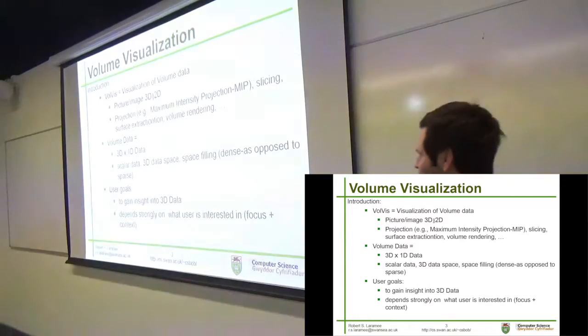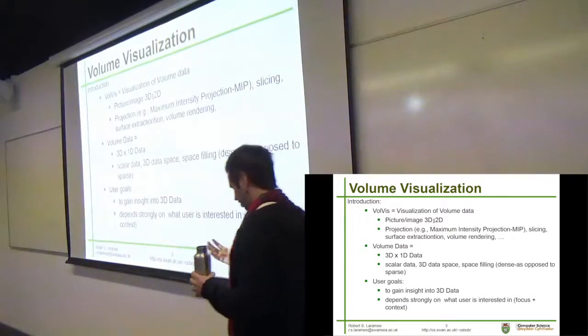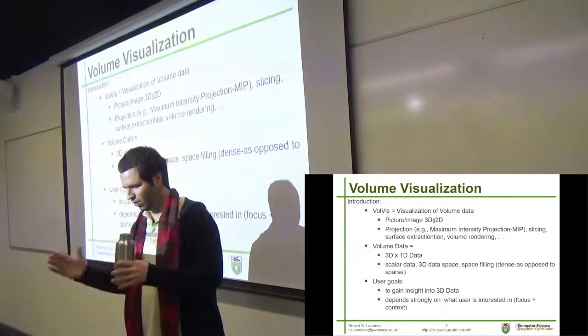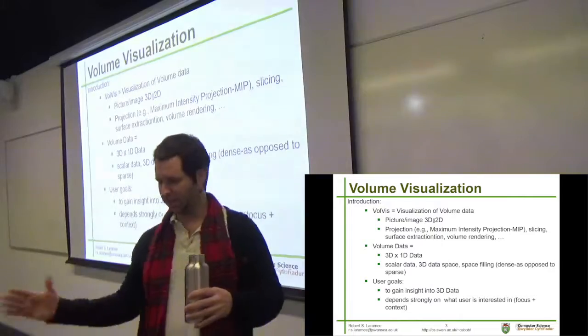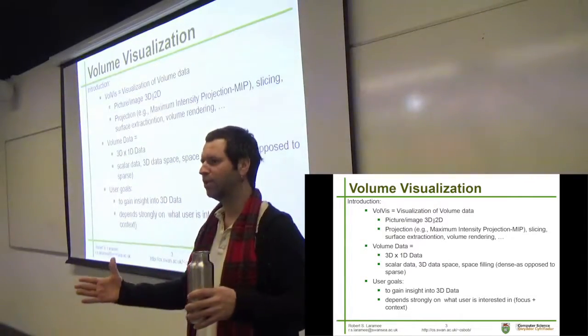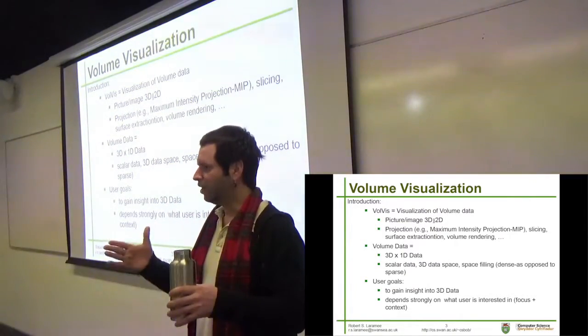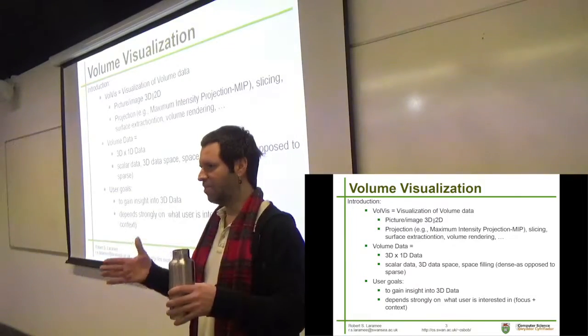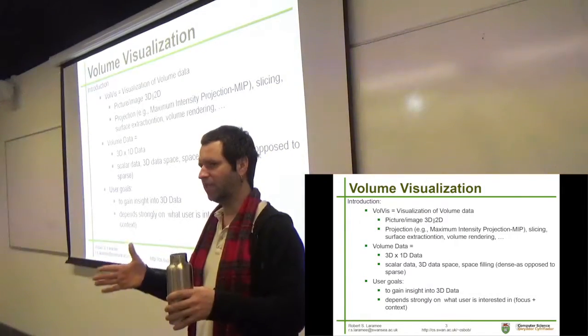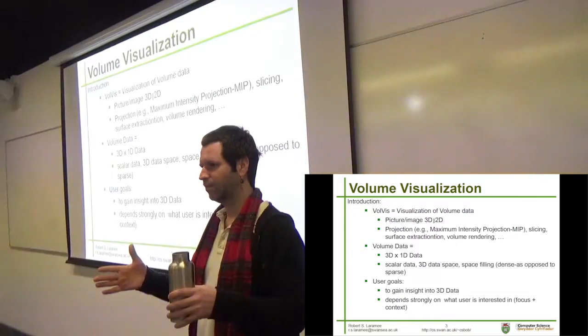Now, one of the big questions for volume data is you have data that's typically given in a block or a cube. We cannot literally see every data sample in that cube at the same time. That's just not possible.